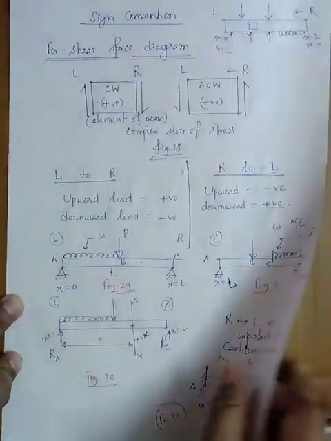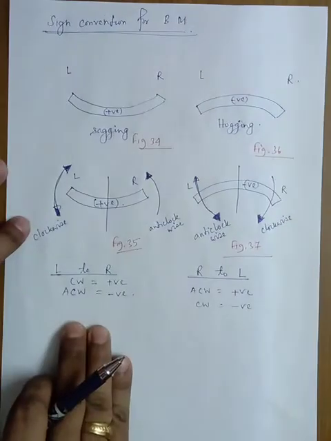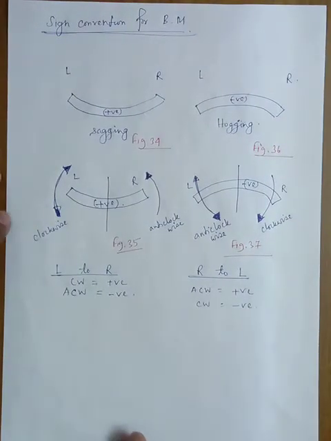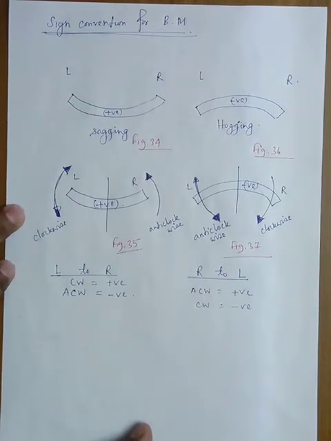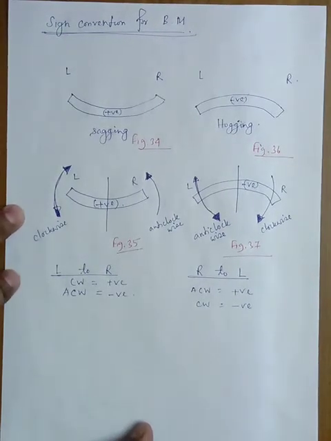Now next come to the second term, that is bending moment. Okay, so what will be the sign convention of the bending moment on a beam? So moment means basically what? It is force into distance, meaning this moment will try to create a rotation, a probable rotation.